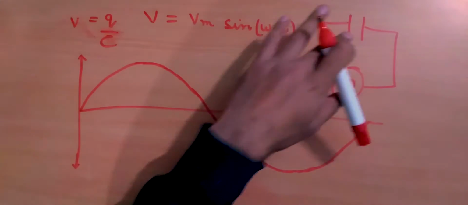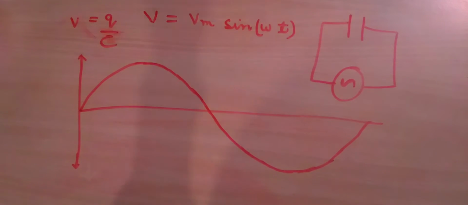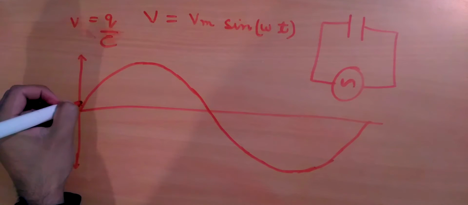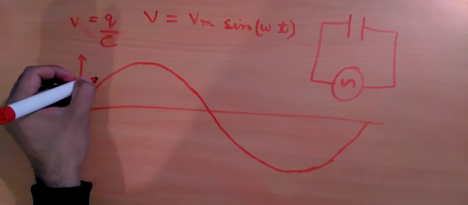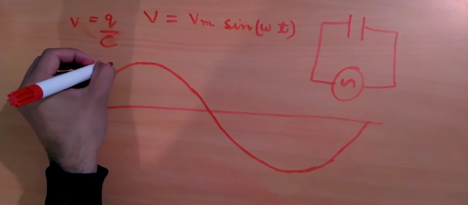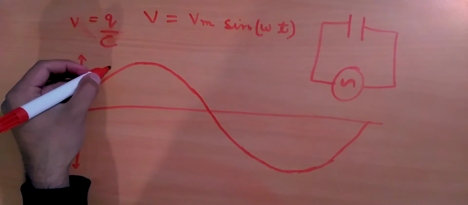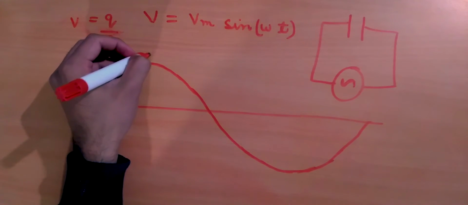The charge on the plates is directly proportional to the potential difference between the two plates. So as the potential difference increases, the charge on the two plates also increases proportionately. The way in which the charge increases is similar to the potential difference across the two plates, or the source voltage.